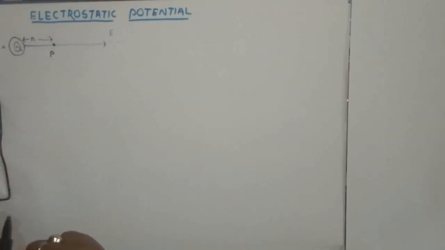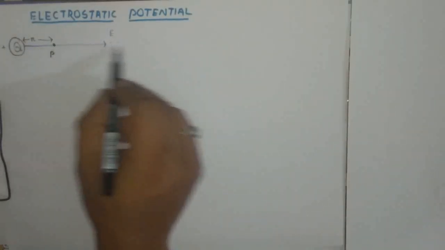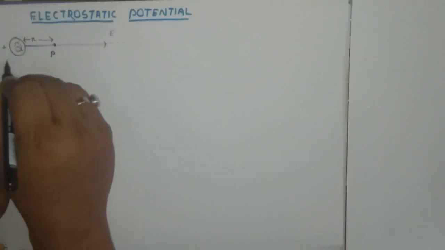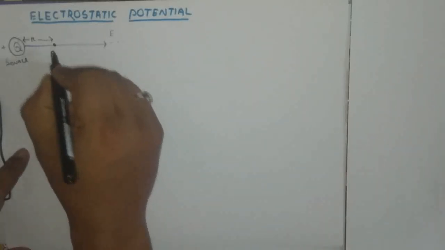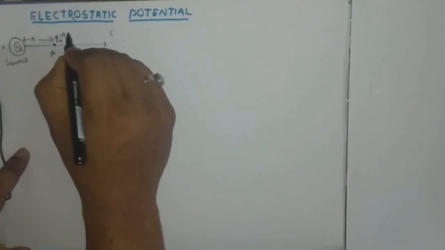Now listen carefully. How can I do it? Now the electric force is acting in these directions, away from the source. So who is this Q? This is the source. I am going to place a test charge here. Who is this Q naught?